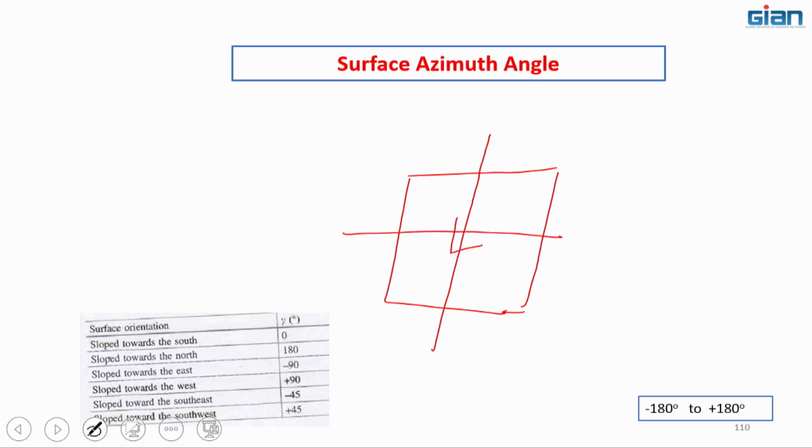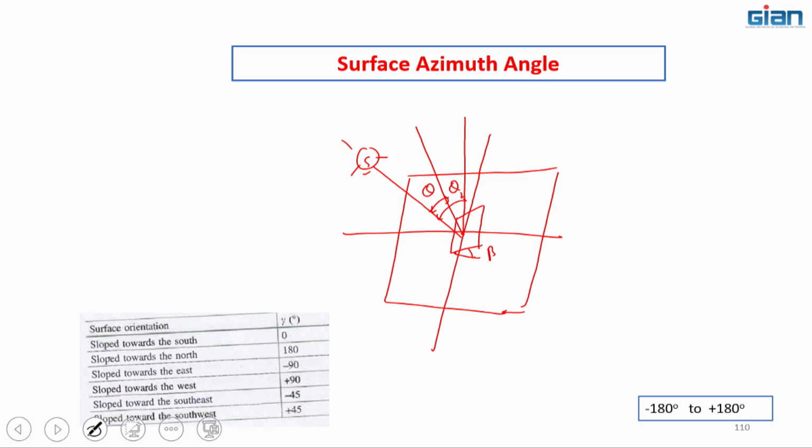We'll make something like this, and it makes an angle beta here. One is perpendicular to the horizontal surface, the other one is perpendicular to the inclined surface, and this may be the sun. So this is theta and this is theta z, these are different.